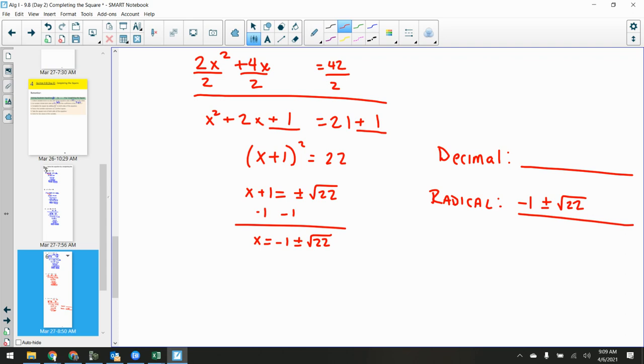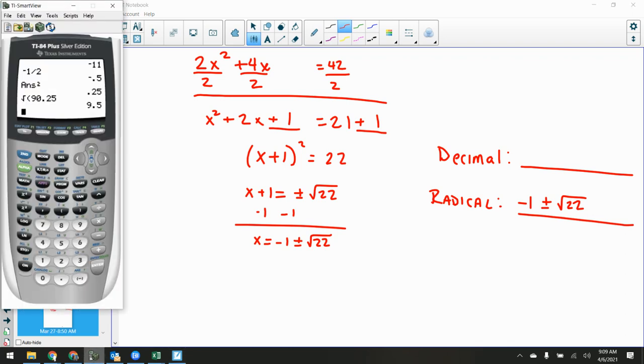Because what's going to happen as soon as I take the square root of 22? I'm going to have to round it. It's an approximated answer, right? It's not an exact answer anymore. That's the last step where it's exact. Because as soon as I take the square root of a non-perfect square, it's going to be an irrational number, a number that will go on forever without terminating or repeating. But I do want my decimal answers because I want to know where they end up.